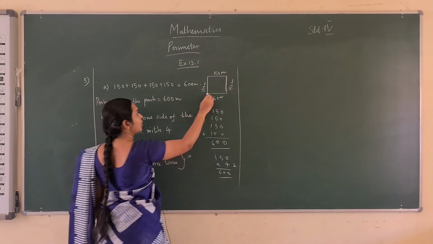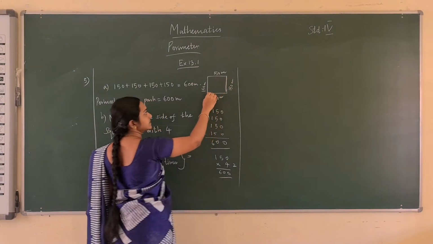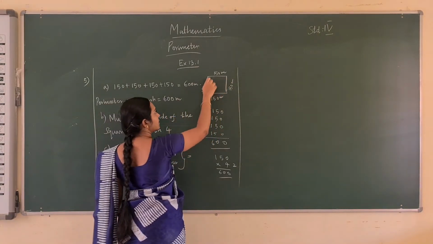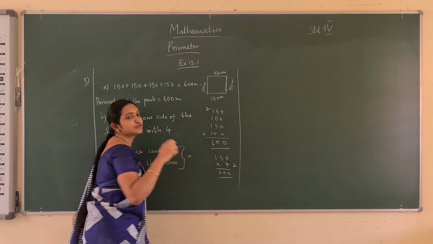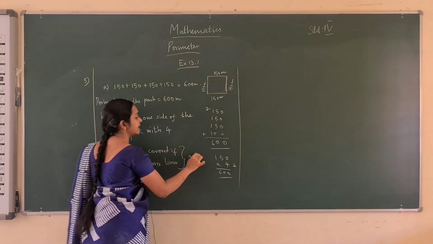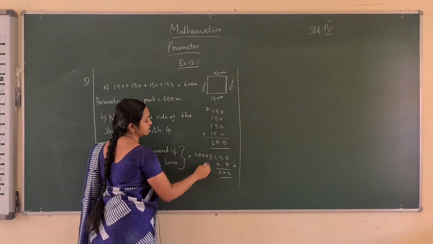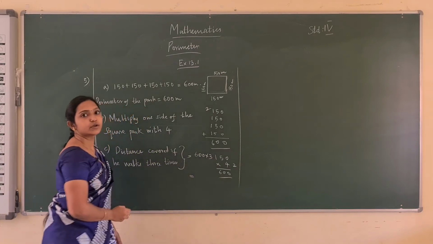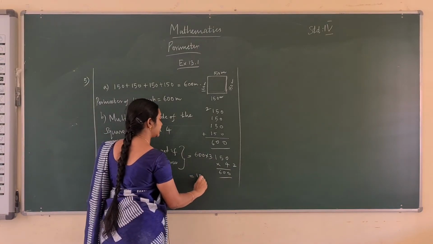If he walks 1 time around the park, it is 600. If he walks 3 times, we have to multiply 600 by 3. So it is 1800 meters.